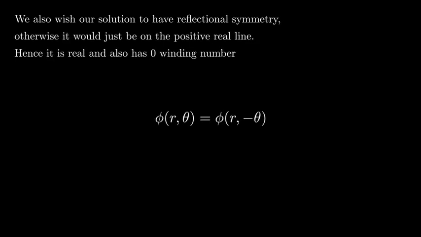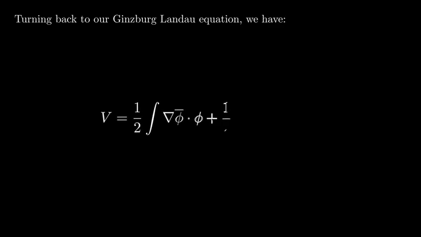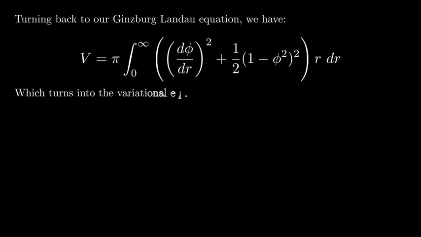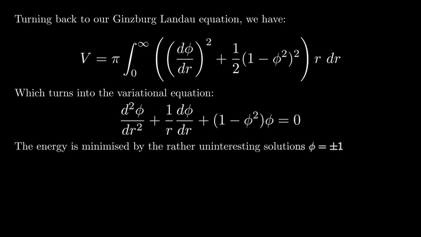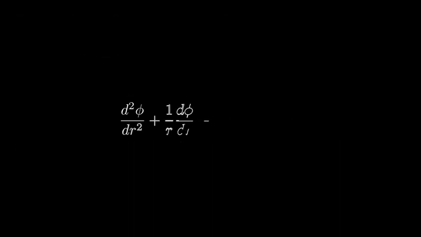Hence, it must be real and have 0 winding number. Turning back to our Ginzburg-Landau equation, we substitute it in to get this Laplacian potential, which yields our variational equation, which has the trivial solutions phi equals plus or minus 1. These aren't very interesting, so we turn to the numerical method of finite differences to search for other results.